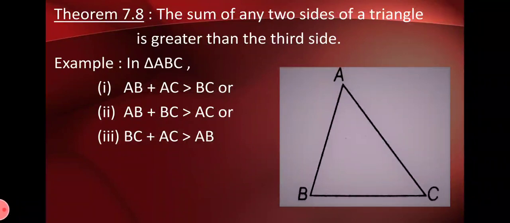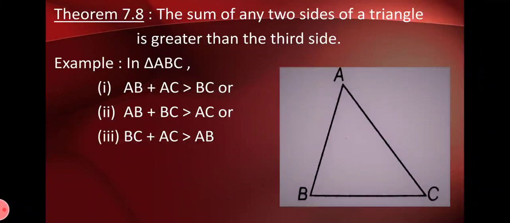Now, with the help of a protractor, see what is the measurement of the angle opposite to the longer side and the measurement of the other angle which is opposite to the shorter side among the two unequal sides. You will always get that the angle opposite to the longer side is larger.